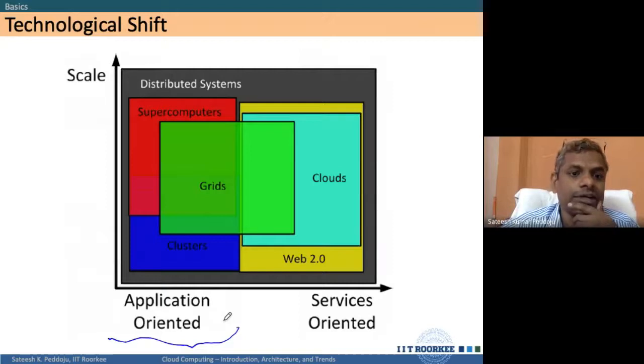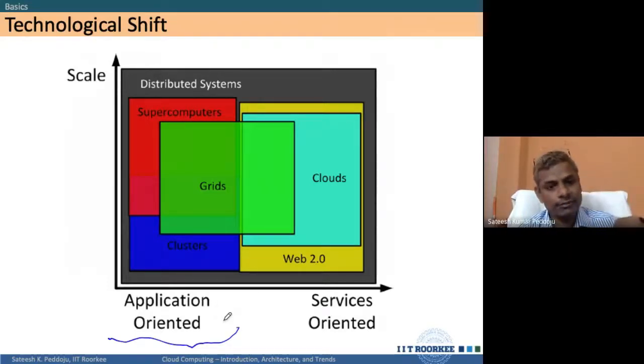Over time, these dedicated systems gave way to sharing, where a community of people work on a specific problem, such as a scientific application like weather monitoring or atomic structure calculation. People collaborate together to solve that particular application.